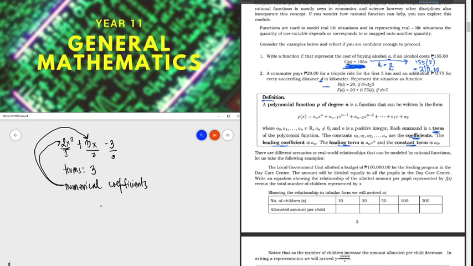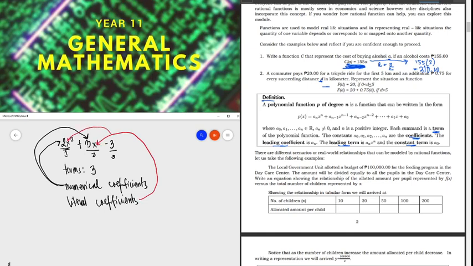That is the numerical coefficients. When you say literal coefficients, I'm going to use this red. We have here the x, and the other one is the x.